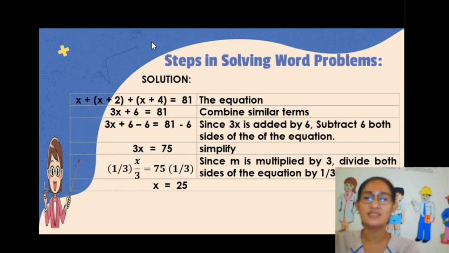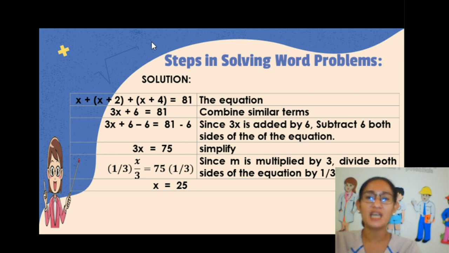The equation is x plus x plus 2 plus x plus 4 equals 81. Combining similar terms will give us 3x plus 6 equals 81.